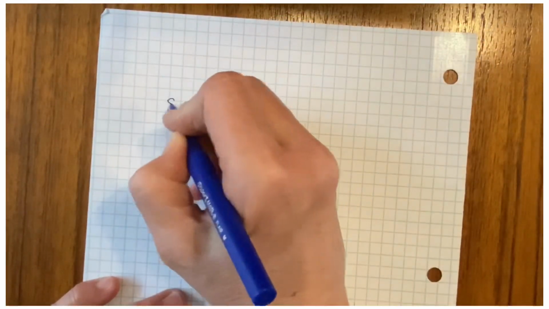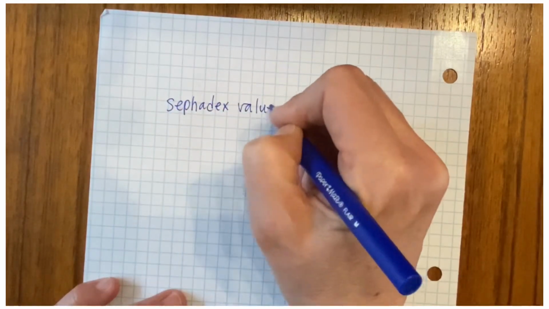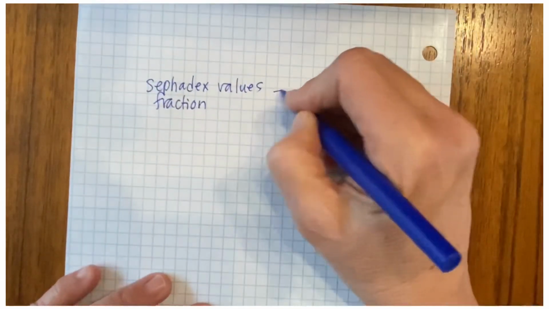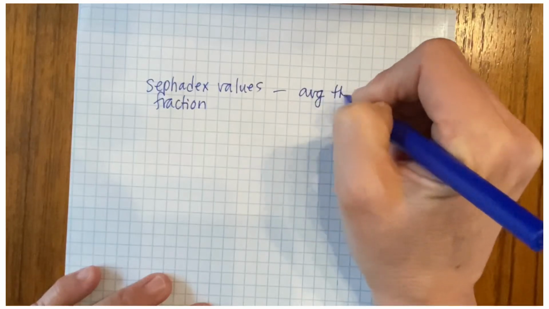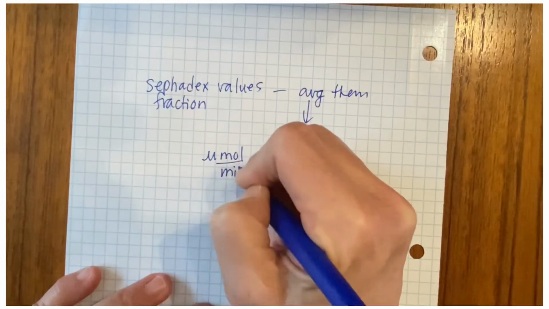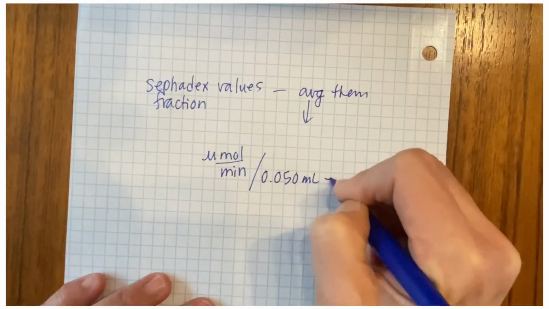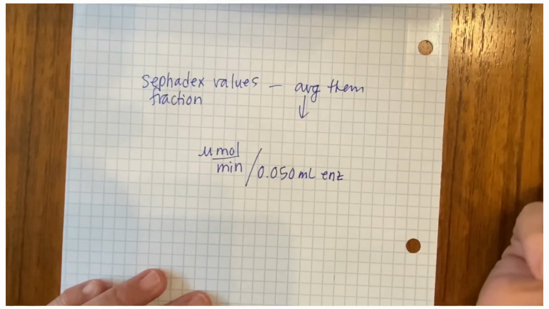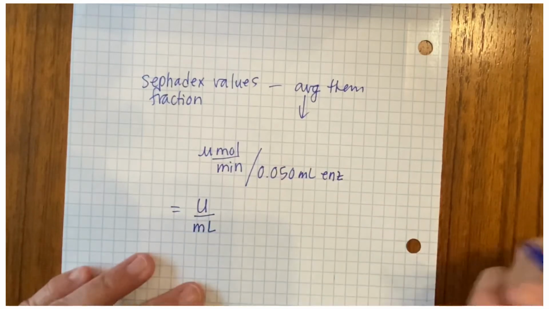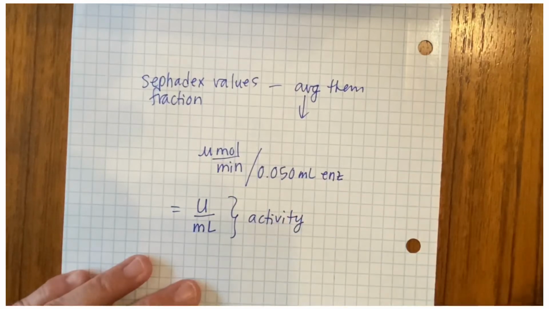So you will take the Sephadex fraction values, average them, convert to micromoles per minute like you did last week, and then divide by 0.050 mils enzyme again, because that's what was tested just like last week, and that will equal units per mil. So that will be the activity that goes into the table.